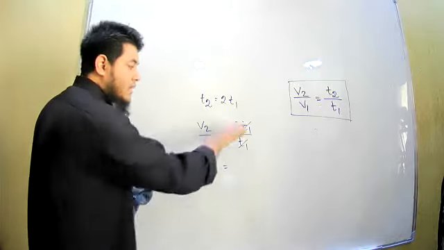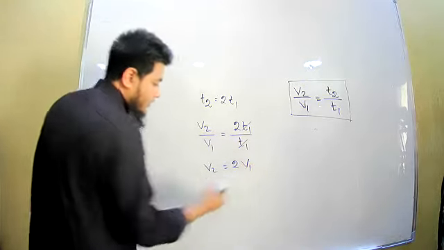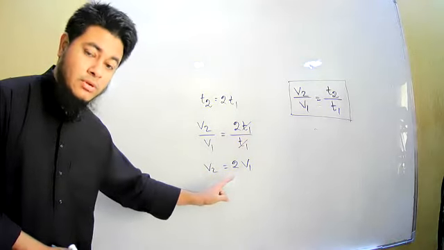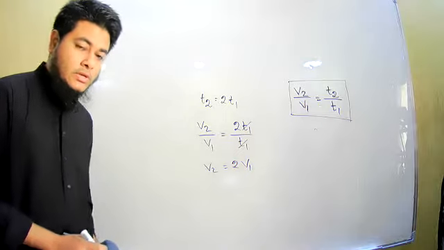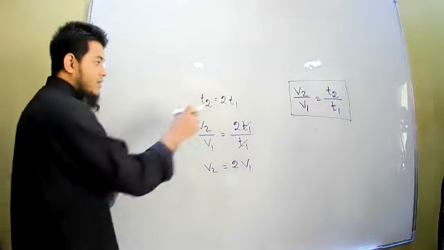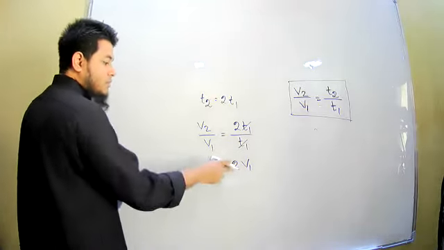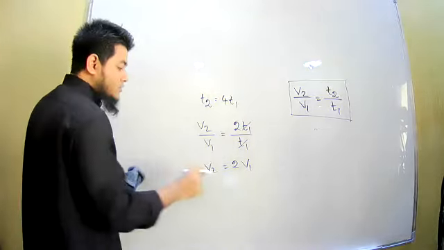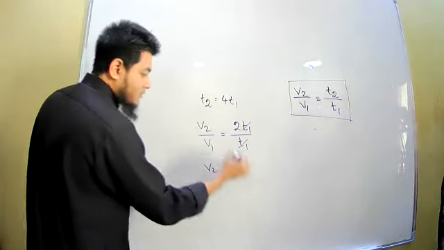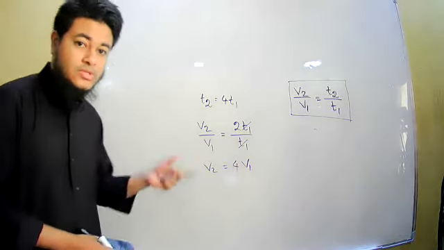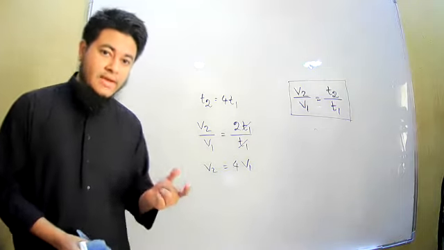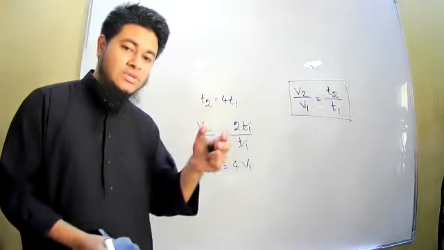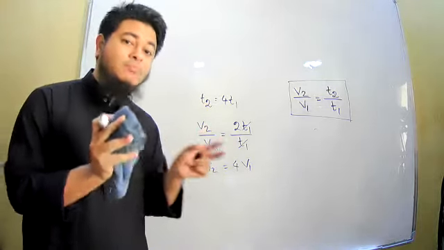If I change the side, it will be multiplied: v2 is equal to 2v1. So now you can see that the new velocity has also become double. It is the double of the previous one. So whatever number you put over here, the same number you are going to get here. So if I say the time has become 4 times, you will see that the velocity will also become 4 times. So it is proved what we said yesterday, that the time and the velocity both change in the same proportion.